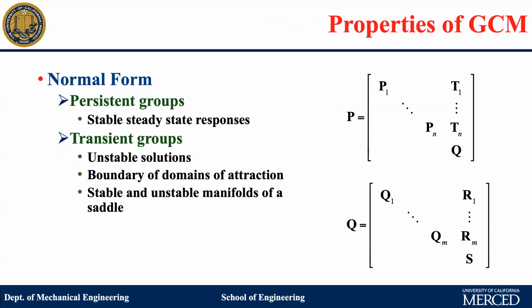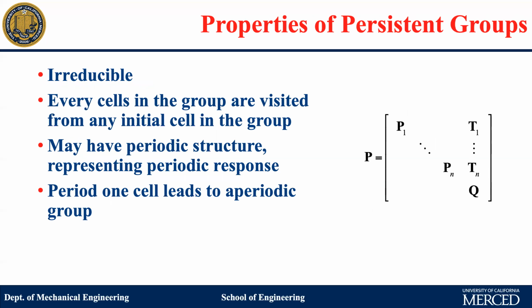And then the last element Q also contains a lot of information about unstable elements of the nonlinear dynamic system, such as saddle points and the boundary of the attraction. It's all embedded in that. There are a lot of details on the generalized mapping that you can refer to in the works by my group and my advisor's work.